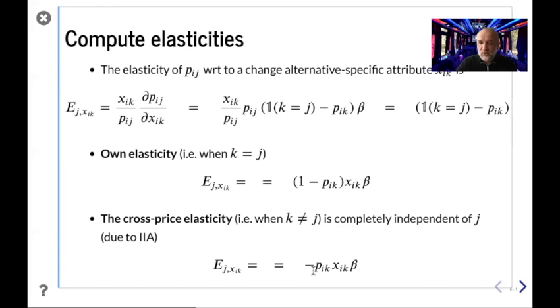And then you get this other effect. What you see here now is that suddenly the elasticities depend on x, right? So now the sign is not determined solely with respect to beta, but that's because we are considering a percentage change. So if you're doing something like a percentage change in an attribute that is negative, well, that means that you make it more negative, right?